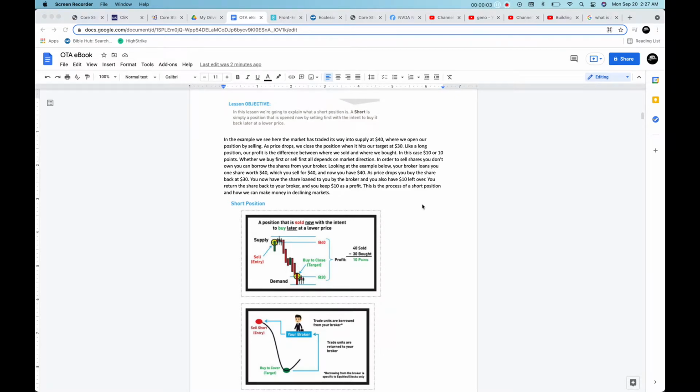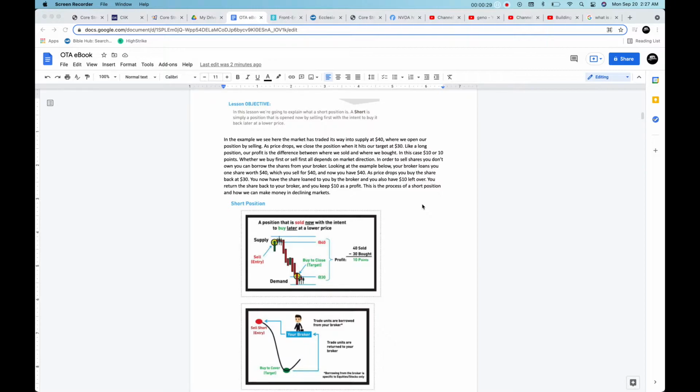In this lesson, we're going to explain what a short position is. A short position is simply a position that is open now by selling first, with the intent to buy it back later at a lower price. In the example that we see here, the market has traded its way into supply at $40, where we open our position by selling.